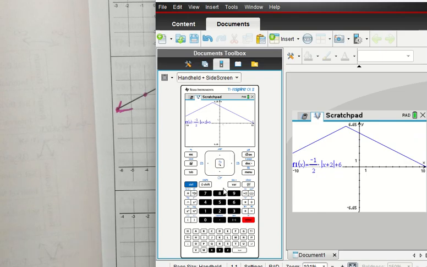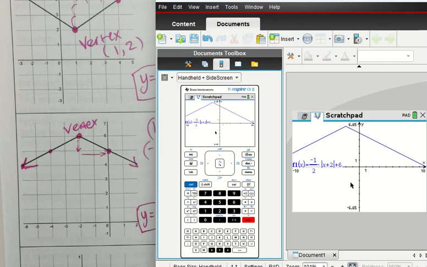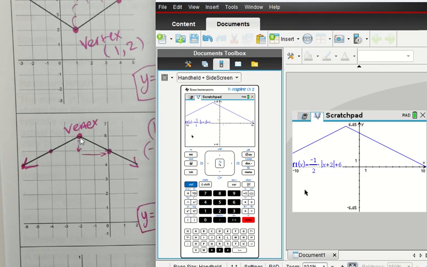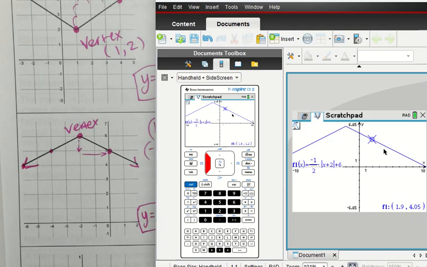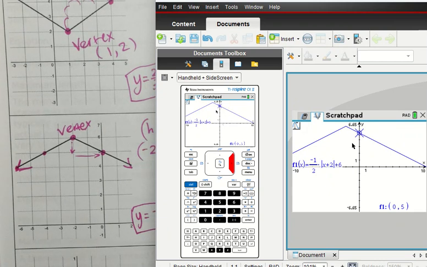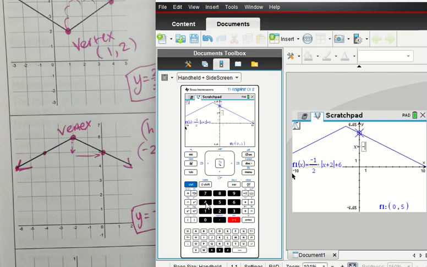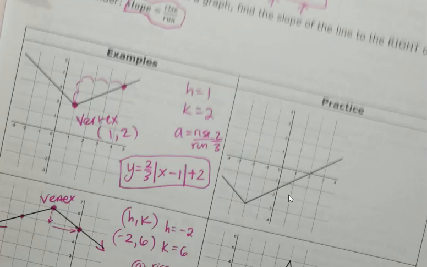This confirms that it's a graph that is upside down, and the vertex should be at negative 2, 6. So let's trace it. It's negative 2, 6. And then the y-intercept looks like it's 5, so notice that at 0, 5, that is correct. And this point right here is negative 4, 5. I'm going to type negative 4, press enter, and it confirms that negative 4, 5 is on that graph. So this is correct. Let's do one more example together.